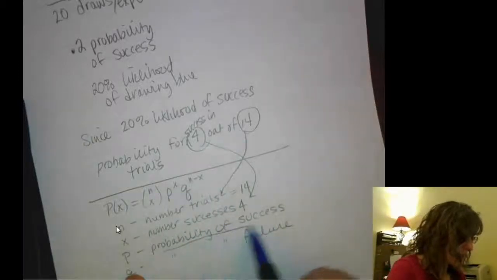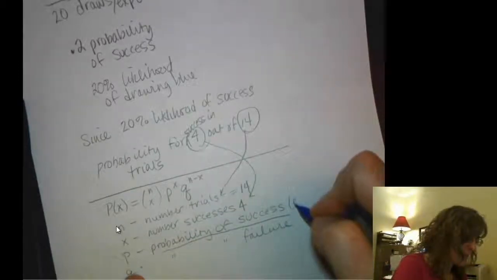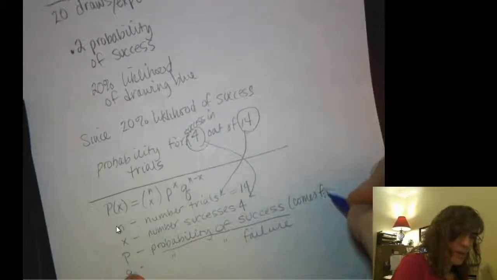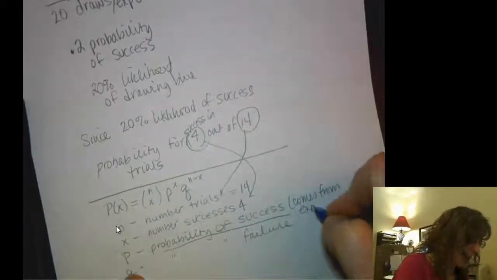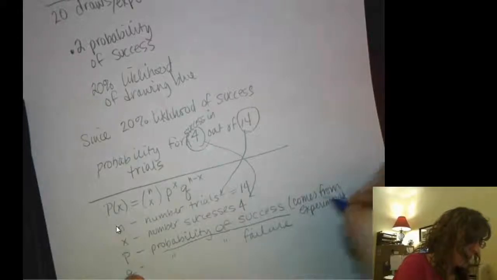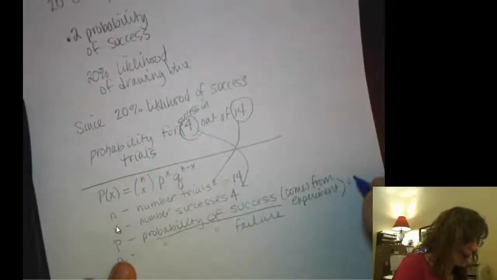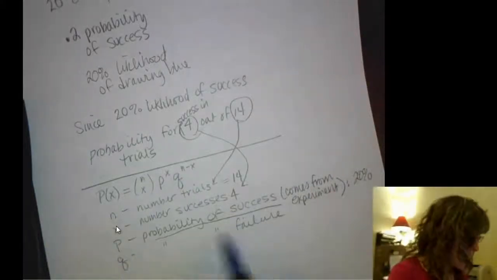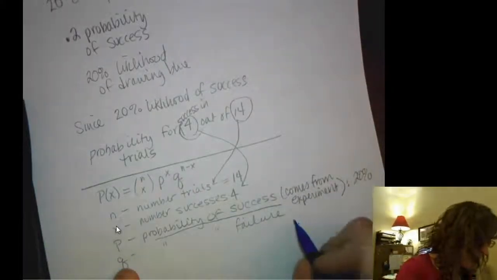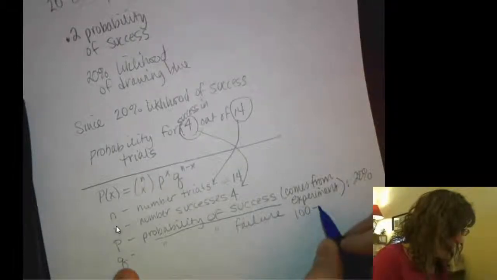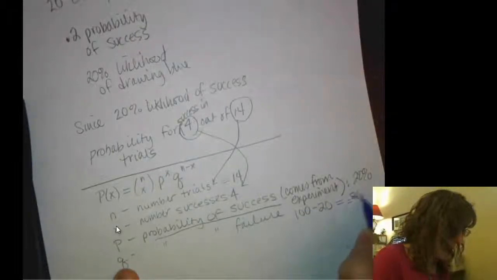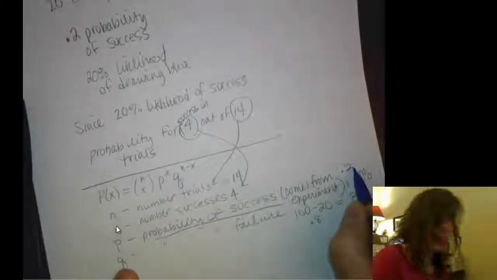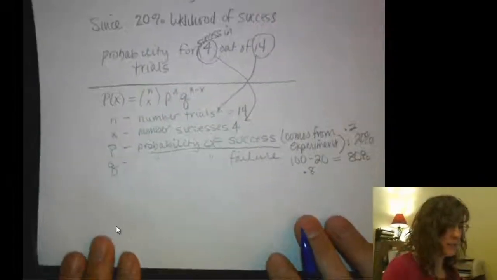And then our probability of success comes from our experiment, and that we had 20%, and we'll have to convert that to a decimal, and that would mean our probability of failure would be 100 minus 20, or 80%, and so we'd use 0.8 for this one and 0.2 for that one. Okay, so we have all our values set up.